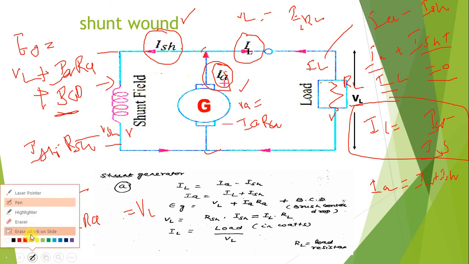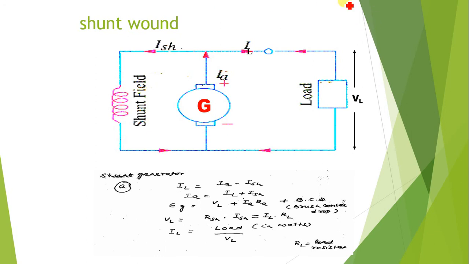From all the above equations, we can tell that VL is equal to Va is equal to Vsh in the case of a shunt wound generator. How do we define VL?